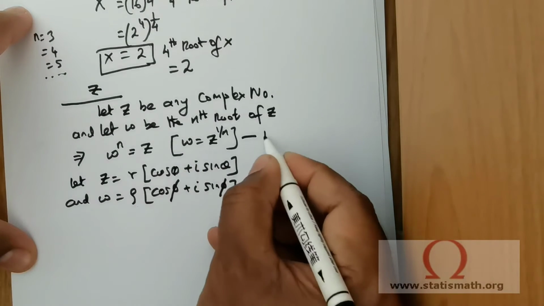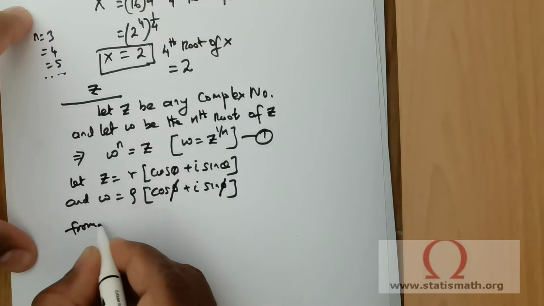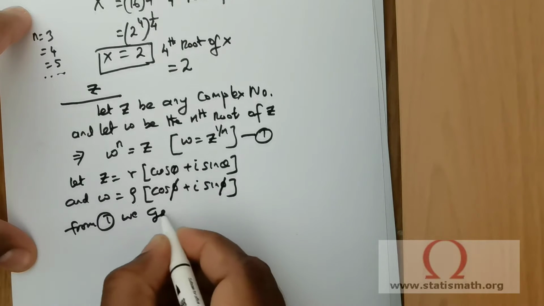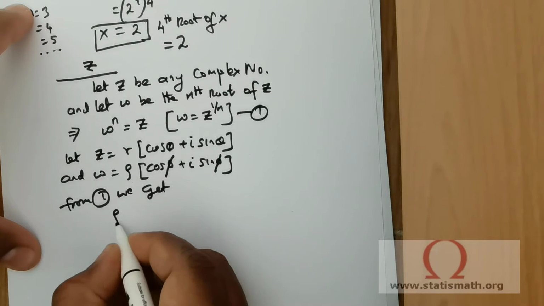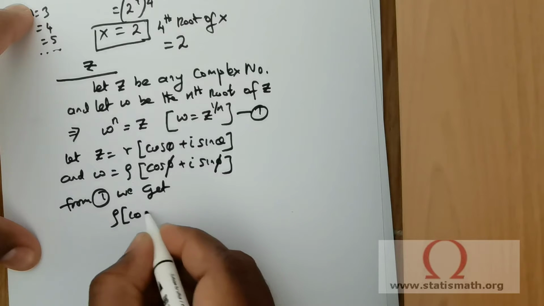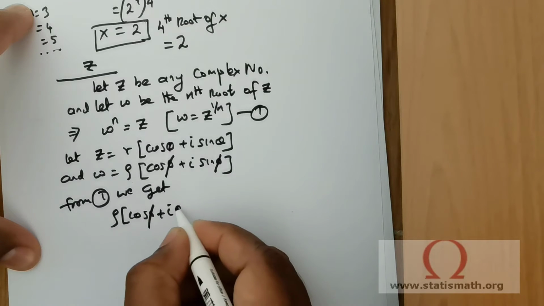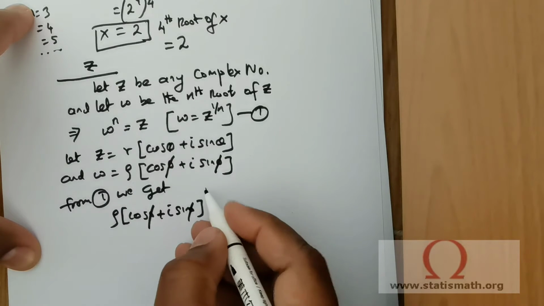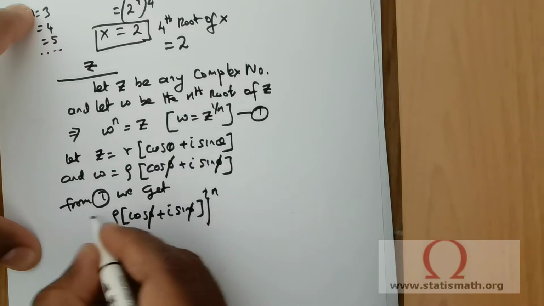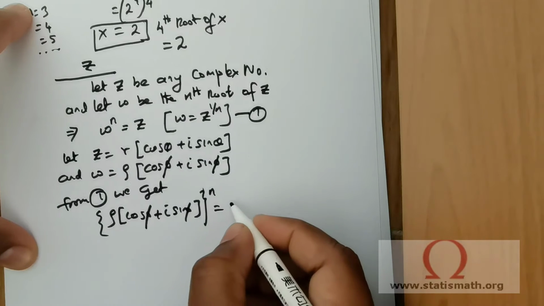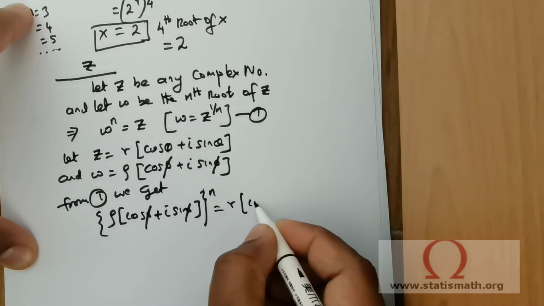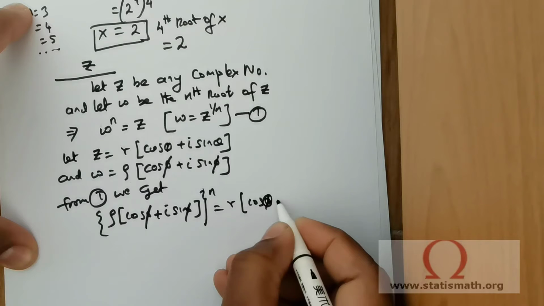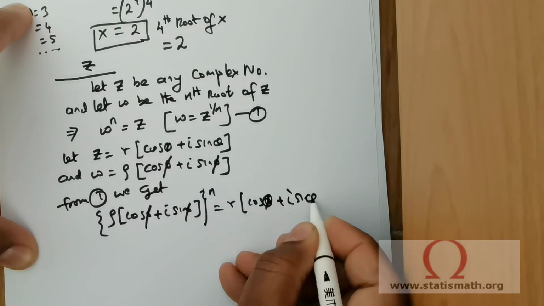So from 1, I can rewrite this as rho of cos phi plus i sine phi, raised to the power n, which is equal to r times cos theta plus i sine theta.